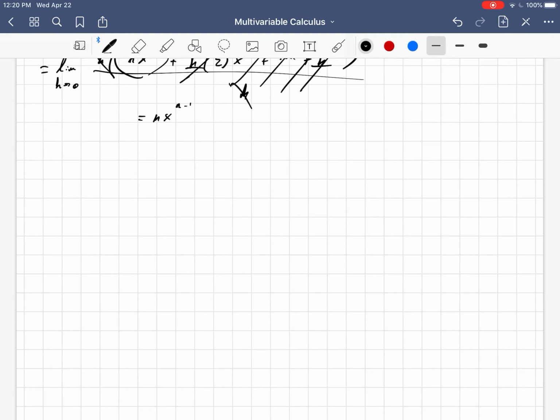Now, let's establish some more derivatives here. For example, probably the next common thing I would want to do would probably be the derivative of the trig function. So for example, what's the derivative with respect to x of the sine of x?